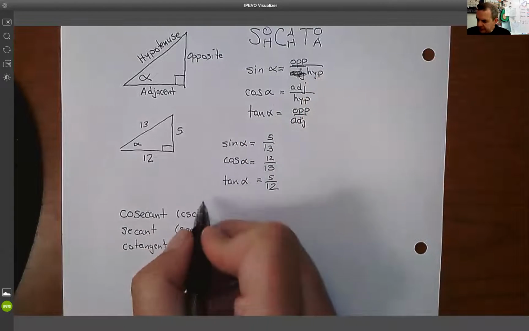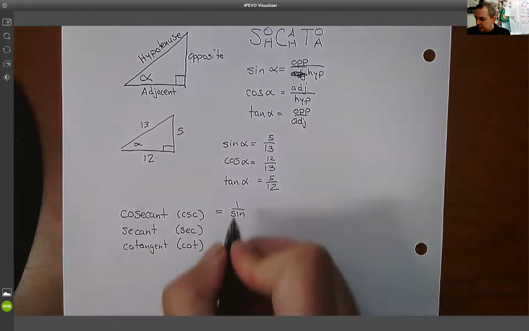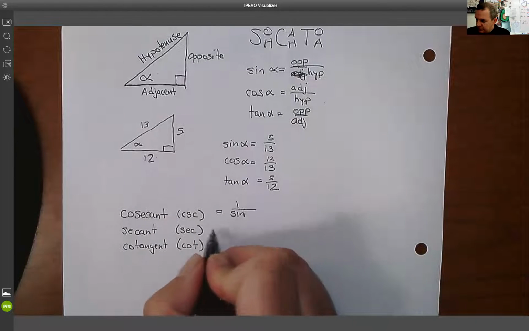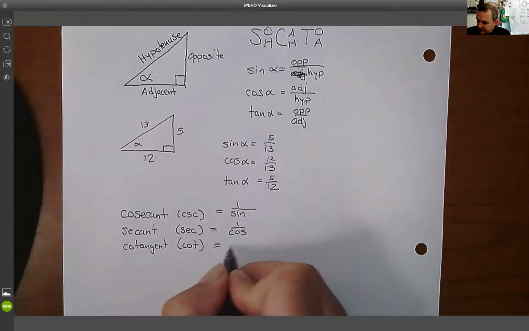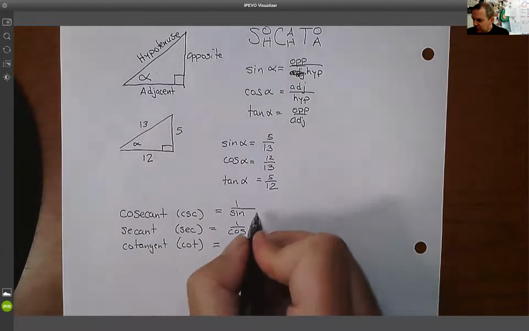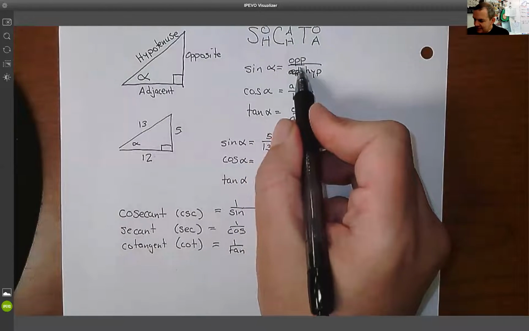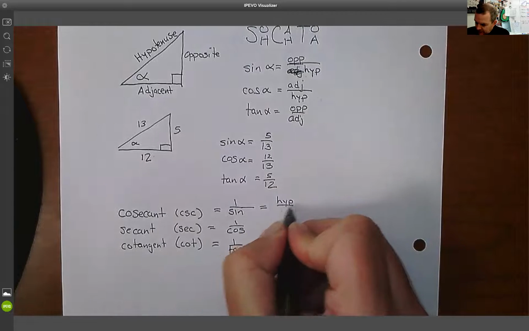Cosecant is 1 over sine. Secant is 1 over cosine. Cotangent is 1 over tangent. So in other words, since sine is opposite over hypotenuse, cosecant is hypotenuse over opposite.